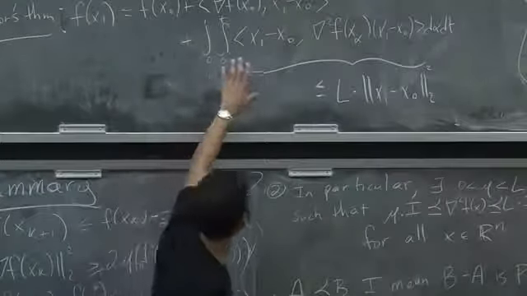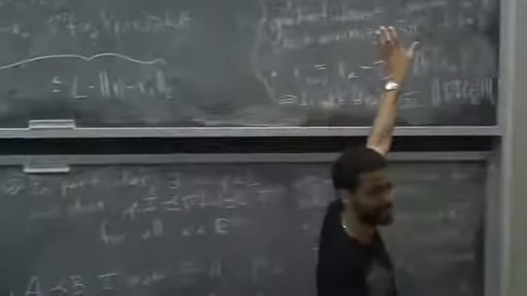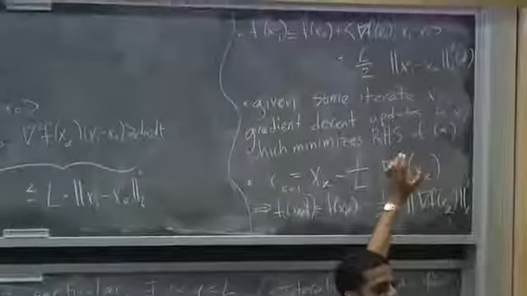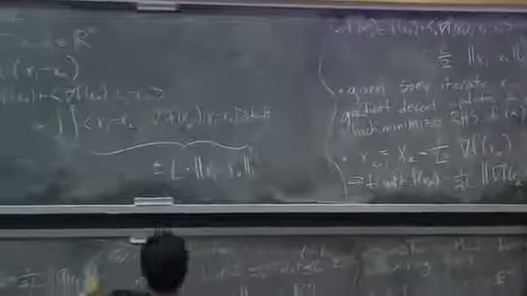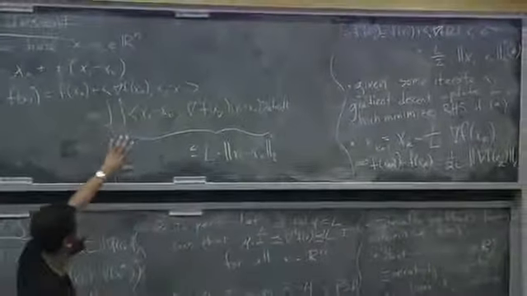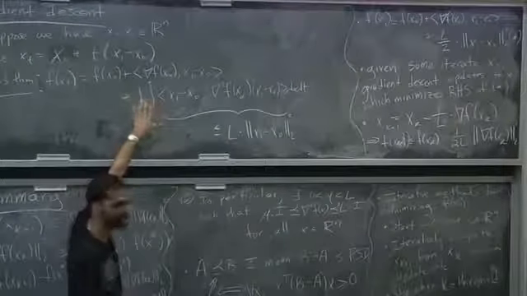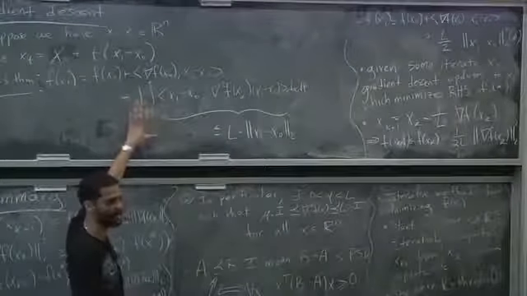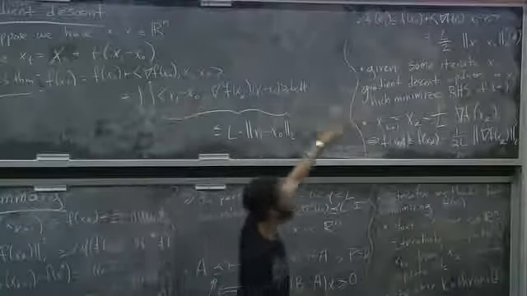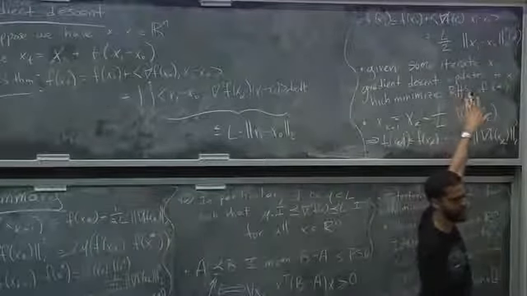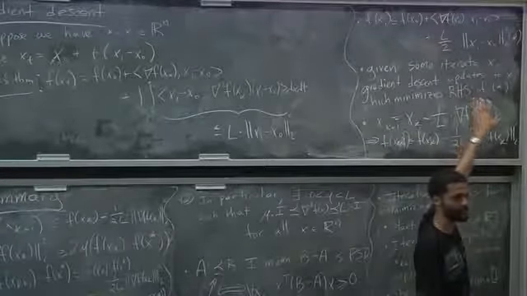So we said, using information we have about the Hessian, this right-hand side is at most that. And then gradient descent just tries to minimize that. Really, f of x for any x could be written in this way with Taylor's theorem. So the real thing we wanted to do is just minimize this whole right-hand side. But this whole right-hand side is complicated. In particular, this integral part looks complicated. So we just bound that thing using information about the Hessian, and then we just minimize the right-hand side of this expression. And that's what gradient descent does.